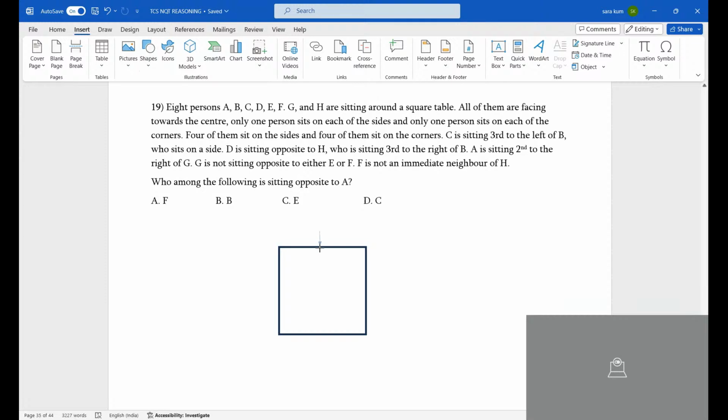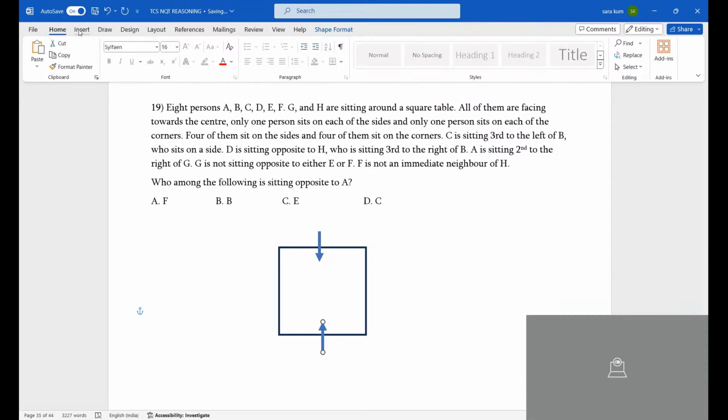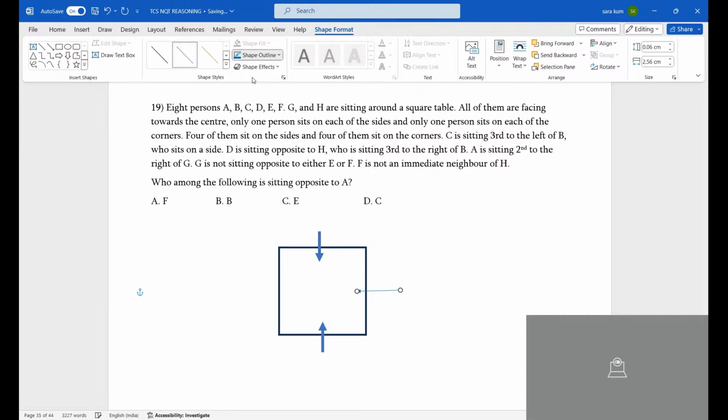Here you could see the first person. They are all facing the center, right? You could have a person sitting like this, and looking in the opposite direction like this. So this is possible, and then you could have a person like this, and you could have a person like this.